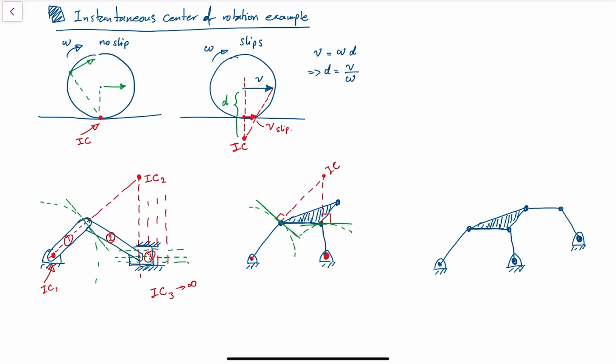On the right, I have a 6-bar mechanism, which is the same one extended by 2 additional links. So we saw the IC of this one is roughly here. From there, I know this third tip of the triangle has to have a velocity that is perpendicular to that direction, so the velocity of that point is along this line.